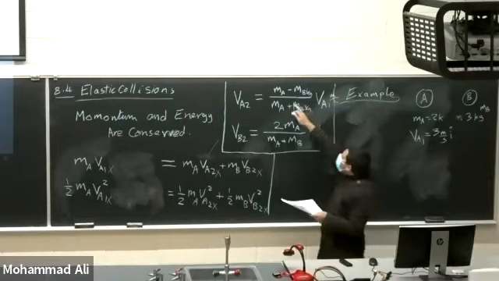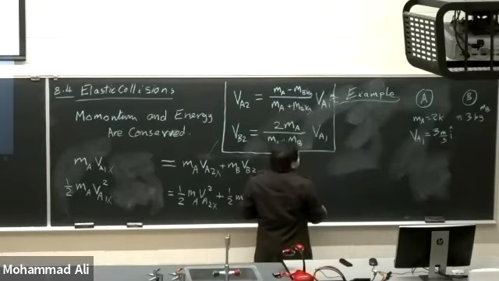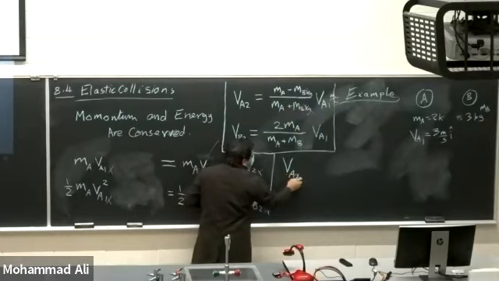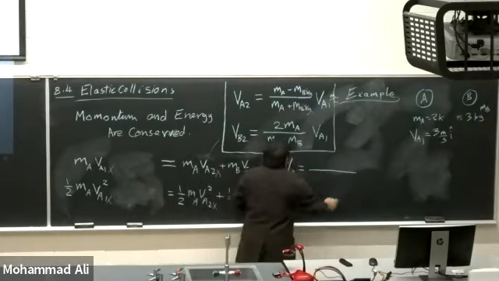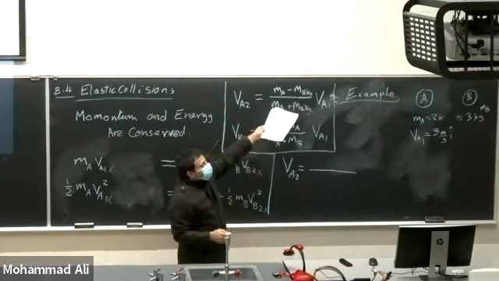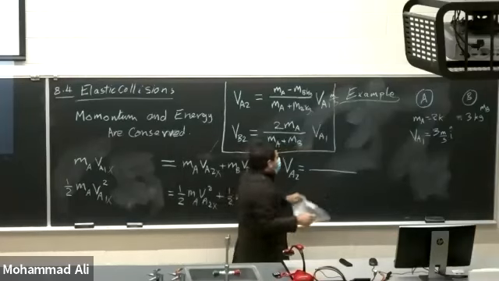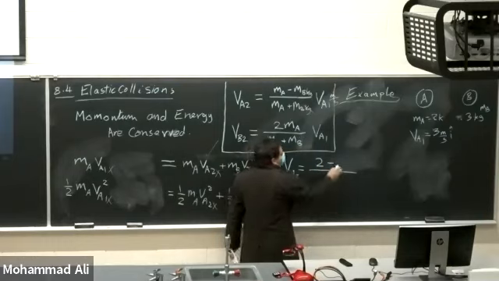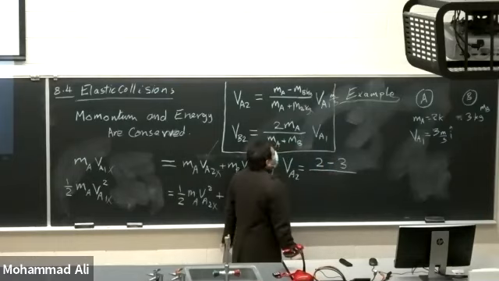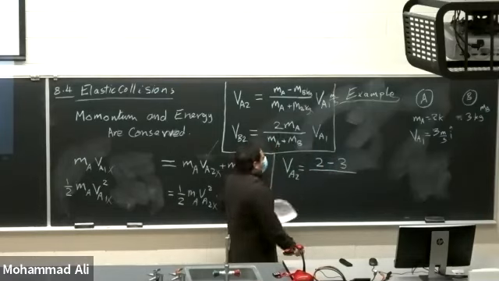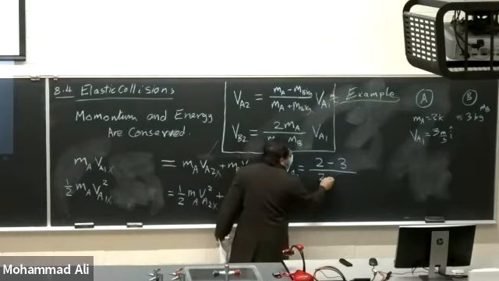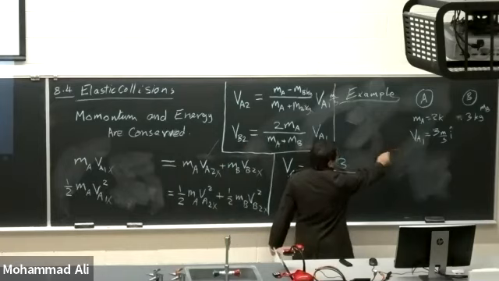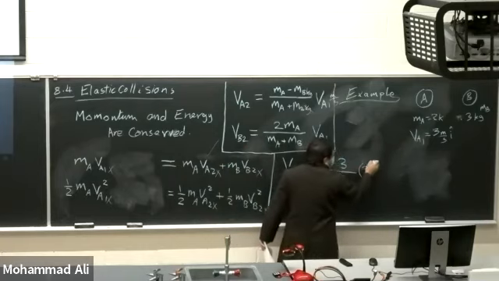So we need to apply these formulas. First of all, VA2 is equal to, this is the relation, (MA minus MB) over the summation of them. MA is 2 minus MB 3, over 2 plus 3, multiplied by the velocity of A, which is 3 in the I direction.